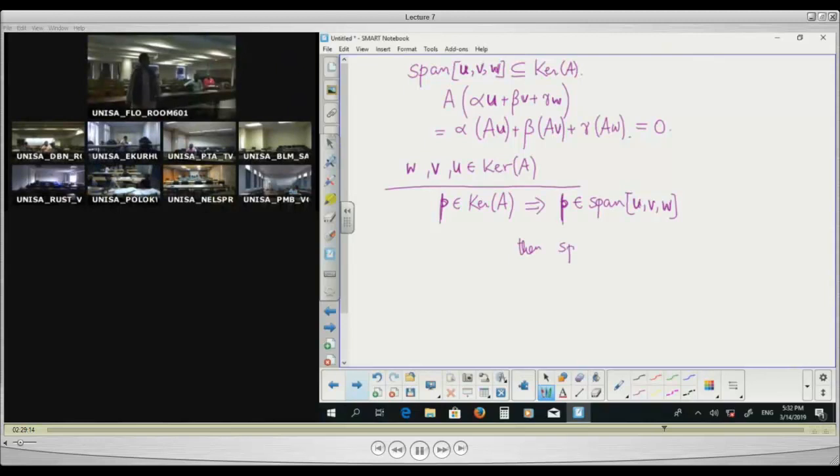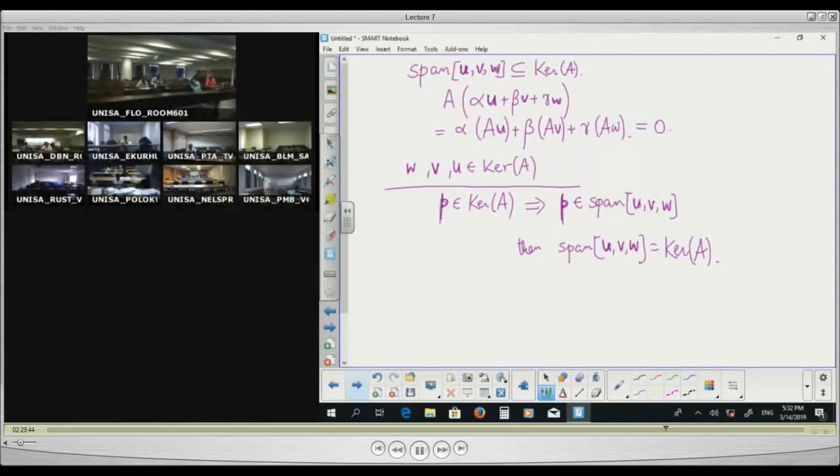So saying that the kernel is equal to this means, firstly, every linear combination of U, V, W is in the kernel of A. To show that, it's enough to show that AU is 0, AV is 0, and AW is 0. Then every linear combination would be 0.